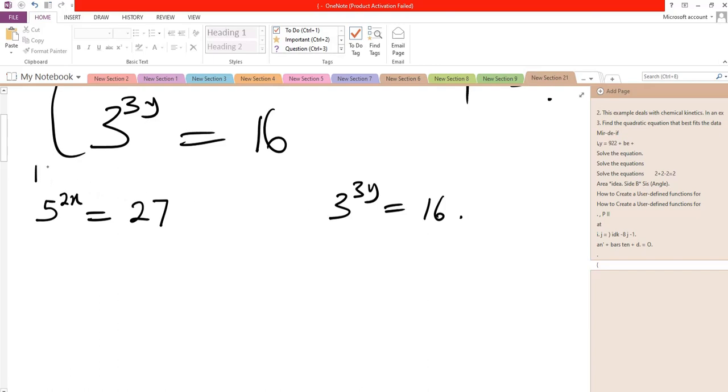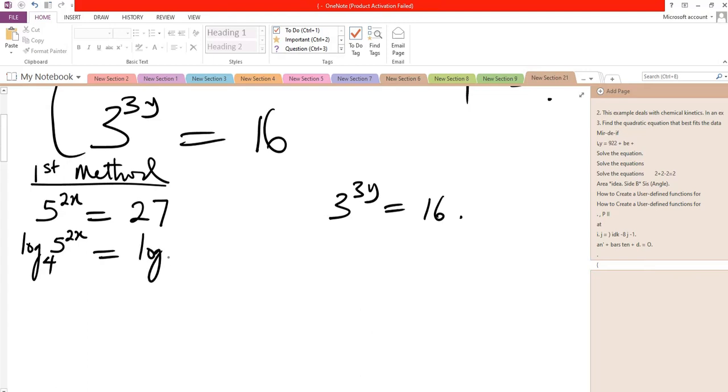Now the first method: we take the logarithm of both sides to base 4. Now you have log 5 to the power of 2x base 4 is equal to log 27 base 4.